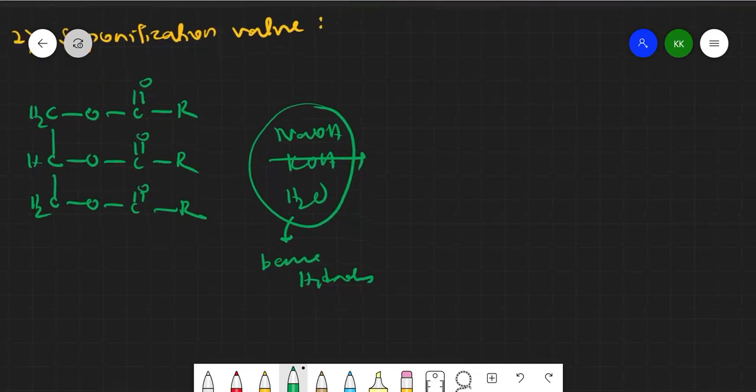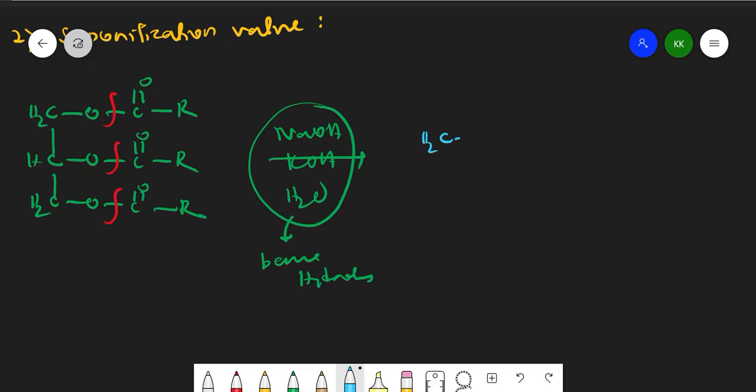If we do basic hydrolysis, what will we get? The cleavage happens here, I have told, right? So what will we get? One side we will get glycerol, and 3 molecules of soaps, sodium salt of acid, Na plus or K plus, like that we will get.